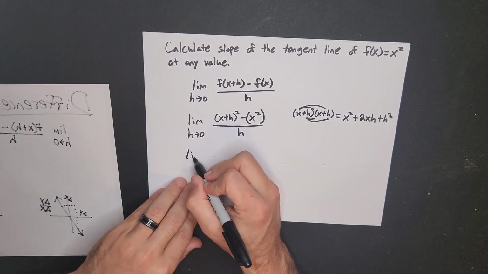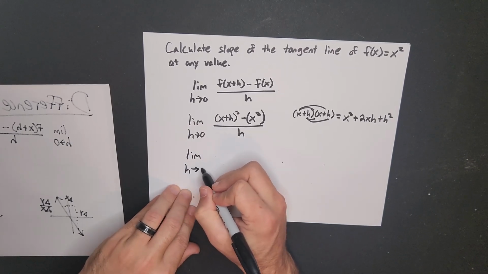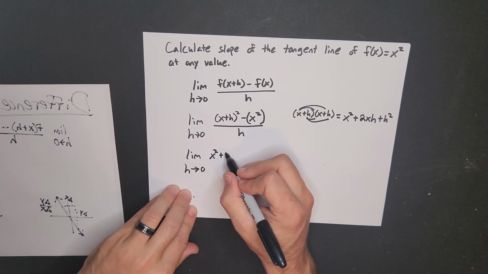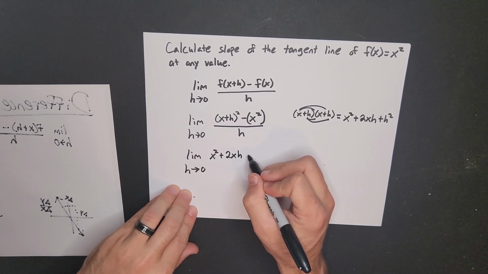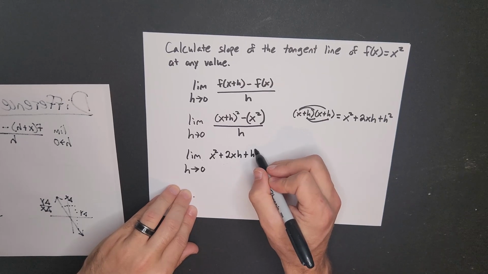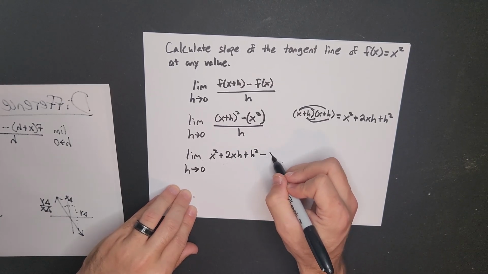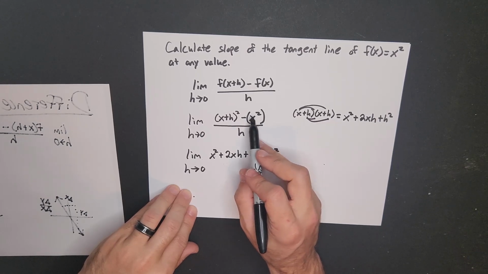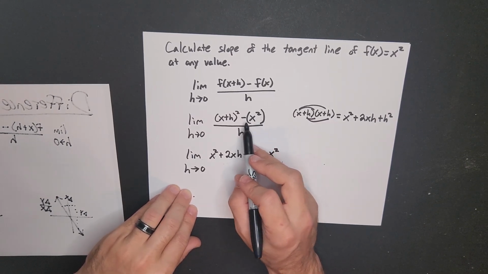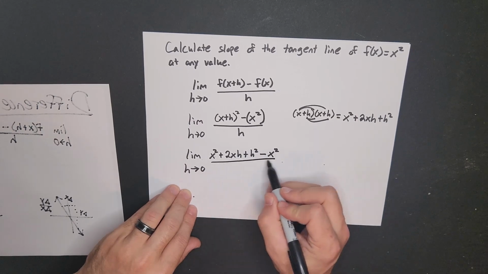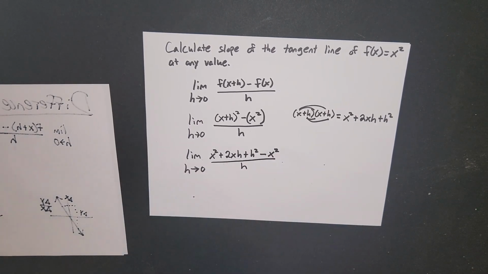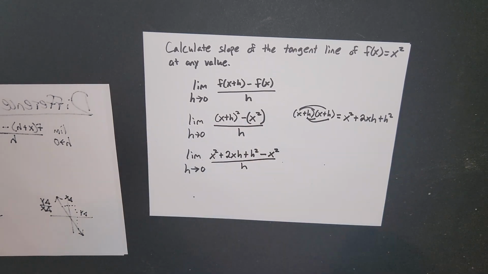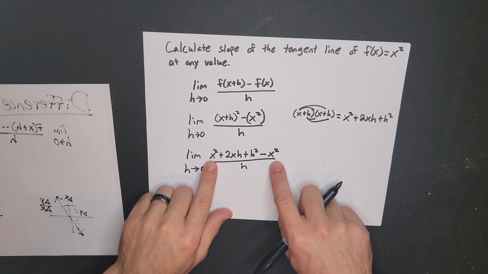So let's rewrite the limit as h approaches 0 of x squared plus 2xh plus h squared minus x squared. Now, seeing that there's nothing else in these parentheses, that tells me that I can get rid of the parentheses to just keep the x squared all over h. So once we do our operation here, now I can actually simplify my numerator.